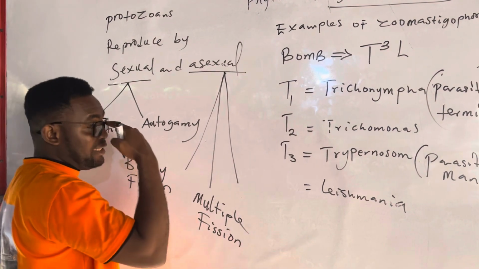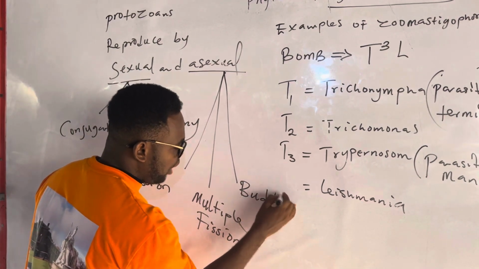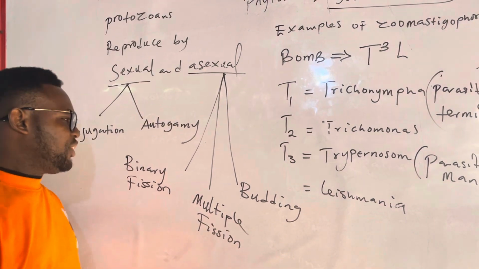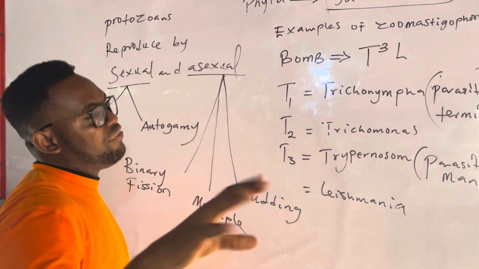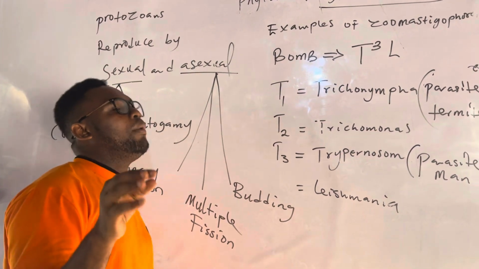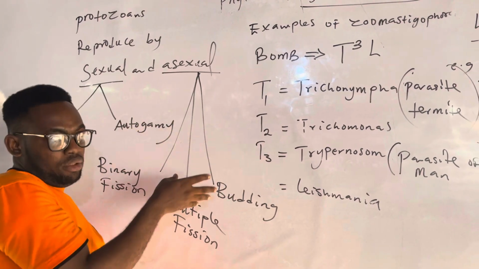Alright? And then there is also budding. It is important I tell you, because if you have not watched our plant biology video, do well to do so. The first video on plant biology, I gave hints on reproduction and nutrition.